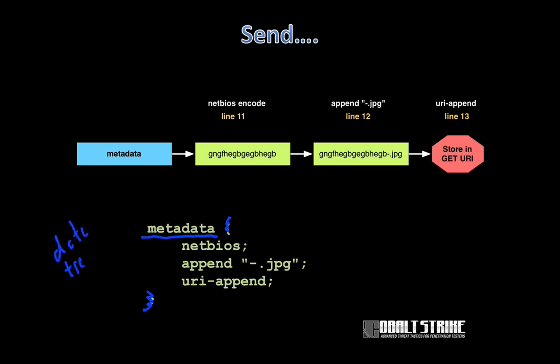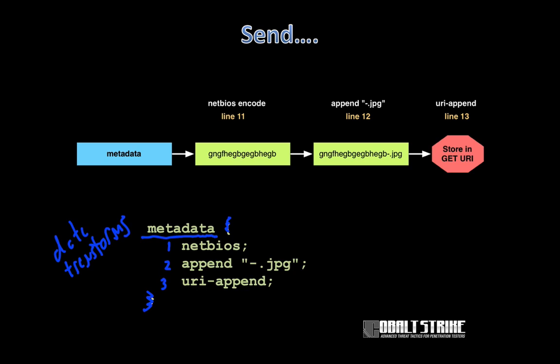These data transforms describe what we want Beacon to do with the data to send it back to Cobalt Strike. And we've got 3 steps. We've got netBIOS encode, append dash.jpg, and URI append. We're going to walk through these.